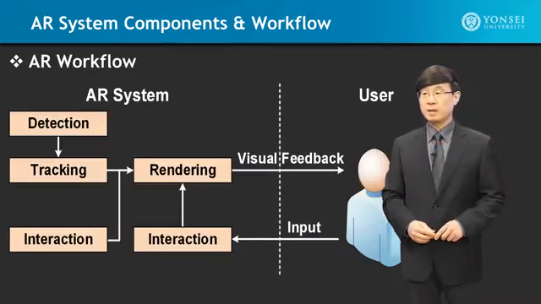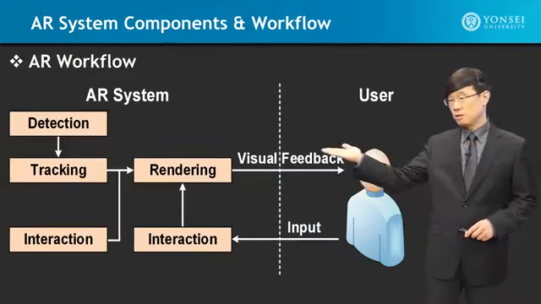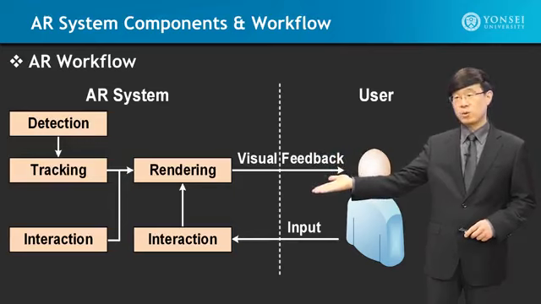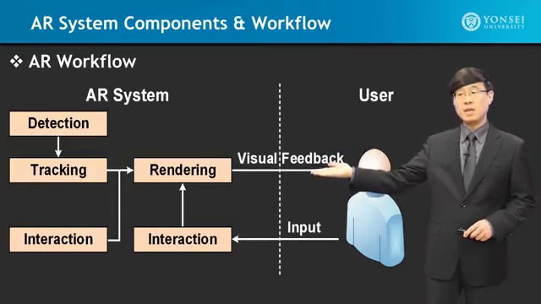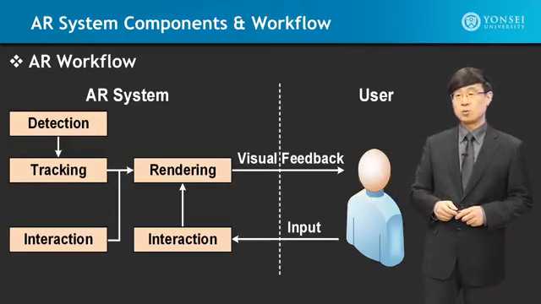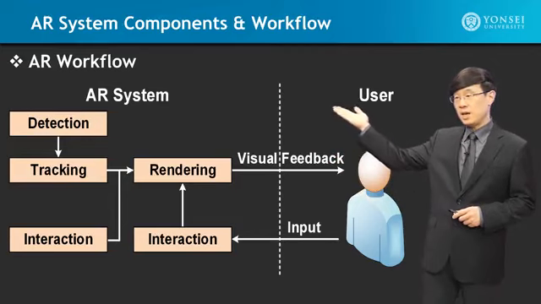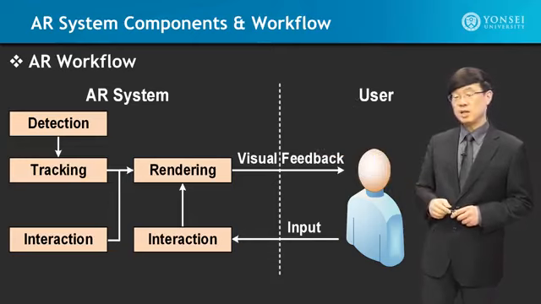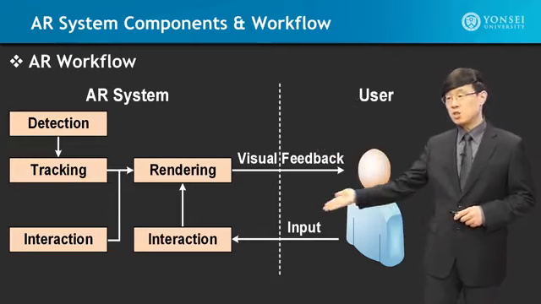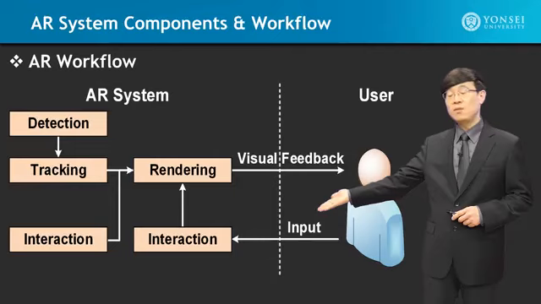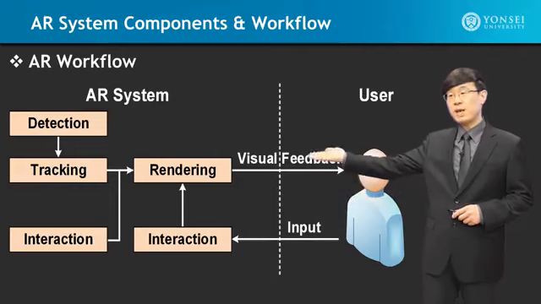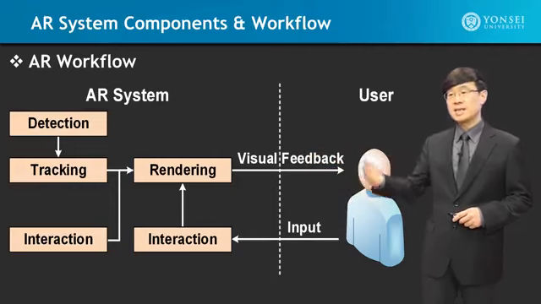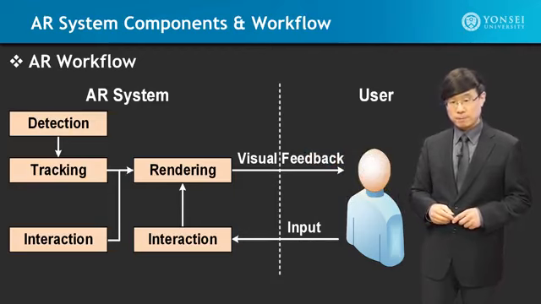Looking at how the detection, tracking, interaction, and rendering all work together in the AR system is shown right here, where the detection gives information to the tracking unit in the AR system. In addition, the interaction part of the AR system is combined with the tracking information and sent to the rendering unit.